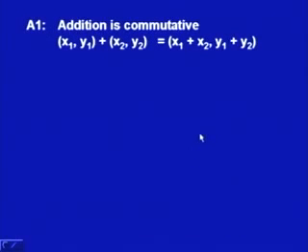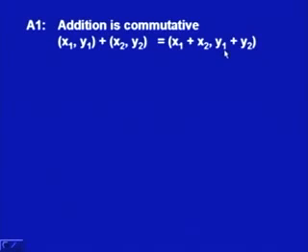Now we have to check whether all the other axioms A1 to A8 are satisfied or not. So to start with, we first consider A1, which means addition is commutative. So to check this, we consider two vectors. First is (x1, y1) and the second is (x2, y2). By definition, the way we have defined vector addition, it is (x1 plus x2, y1 plus y2).